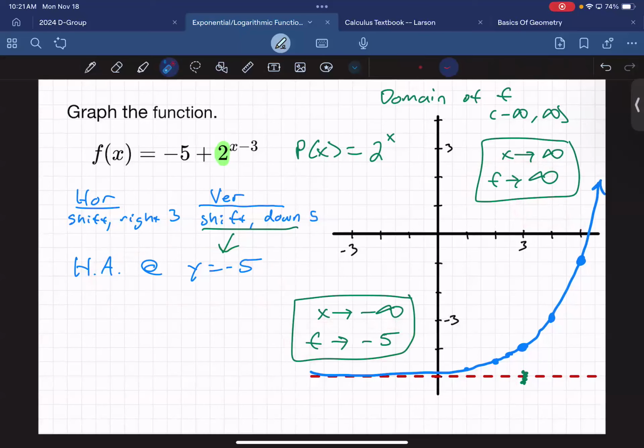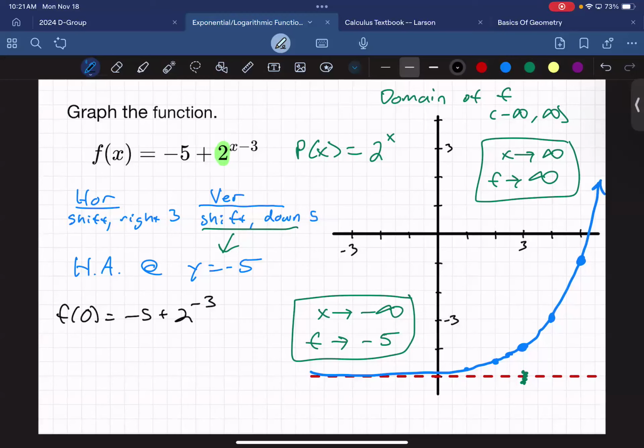With that said, let's look at our intercepts, because we've got some stuff in place to talk about intercepts. You could definitely plug in 0 for x, so looking at f of 0, you get 2 to the negative 3.